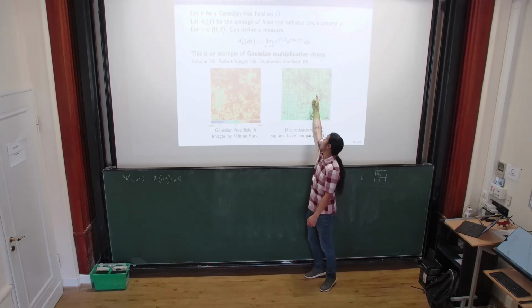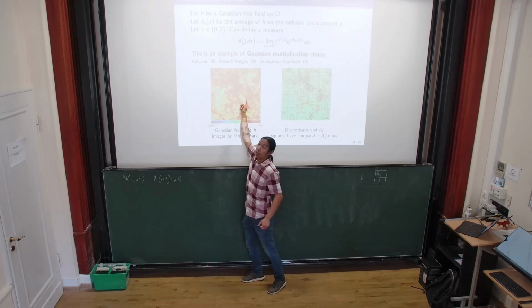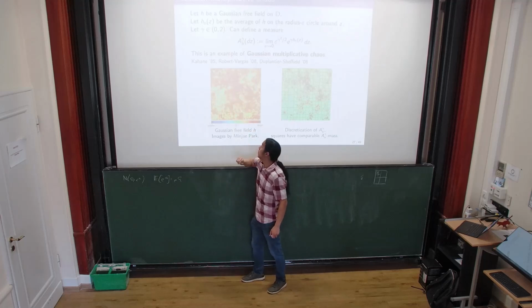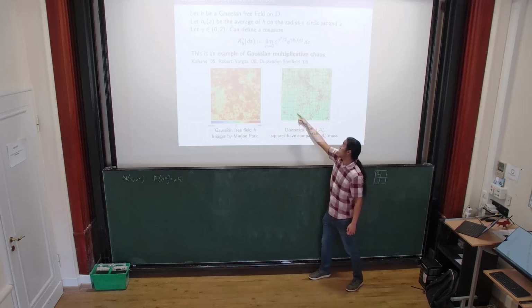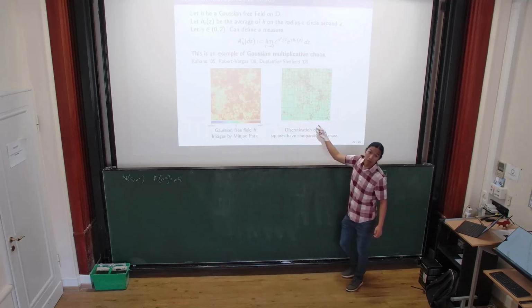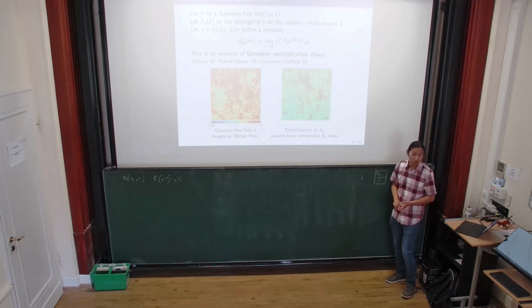Here, where your geometry is very dense, you have a lot of area, and that corresponds to places where your free field takes very large values. And where the values are very small, your GMC area is also very small. So this is a visualization of the Gaussian multiplicative chaos measure.